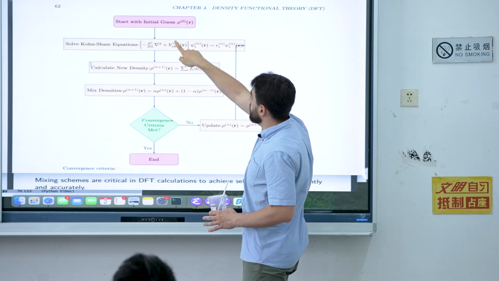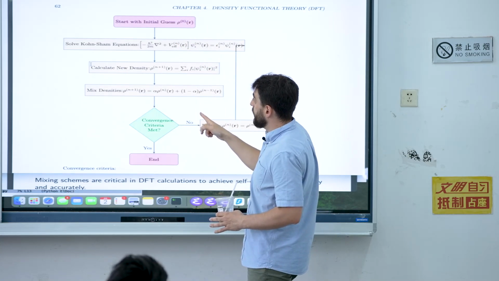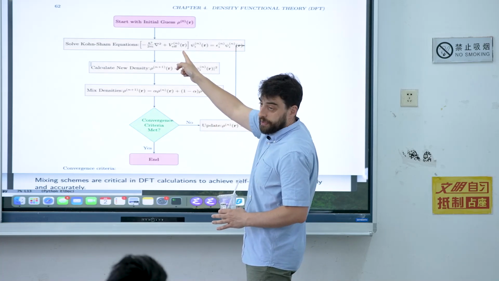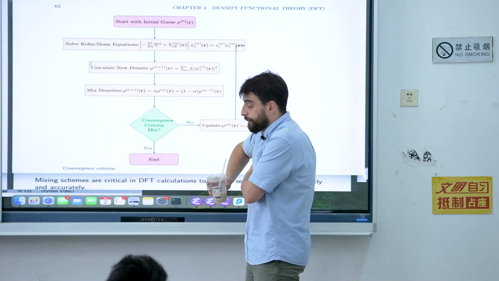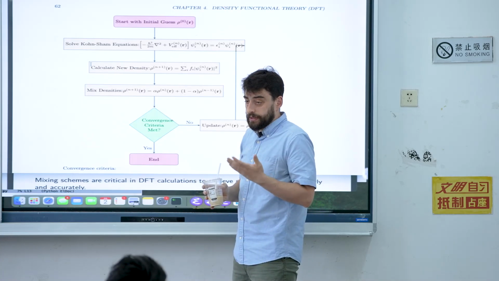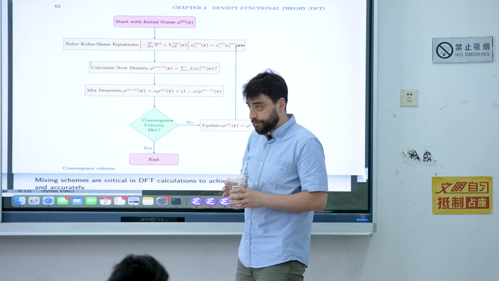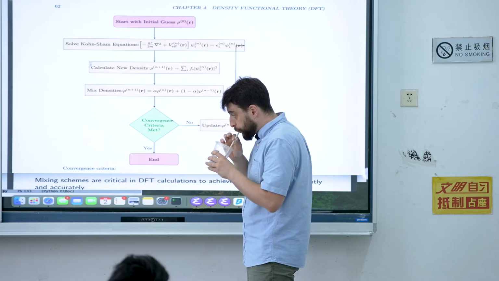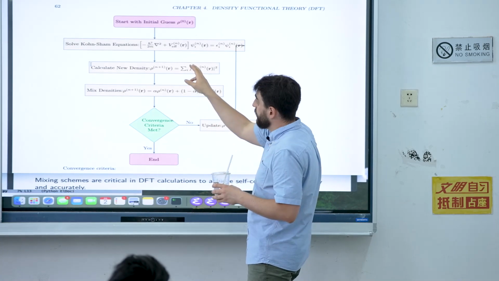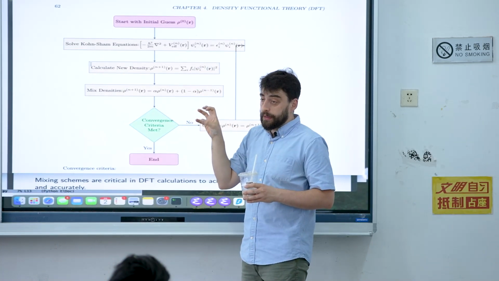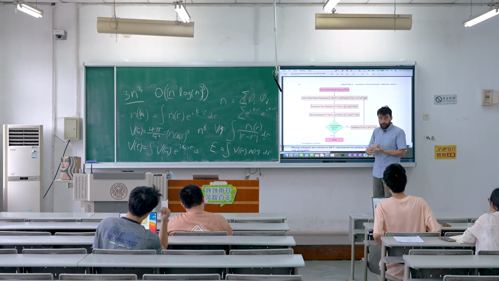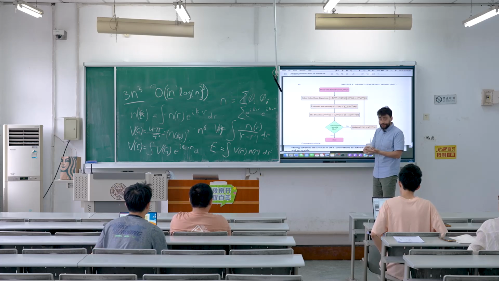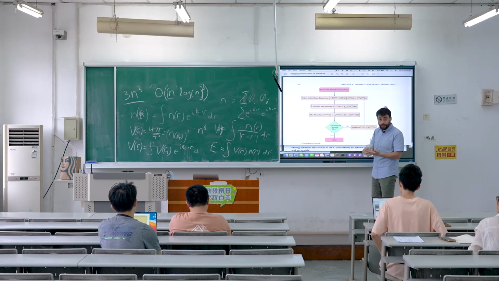All I need to do with that density is to calculate the effective potential, the Kohn-Sham potential. The Kohn-Sham potential defines the Kohn-Sham Hamiltonian. So effectively, all we've got to do is take all of the density-dependent terms: the Hartree potential, which is the electrostatic electron-electron interaction, the external potential, which is the electron-nucleus interaction, and the exchange correlation potential.